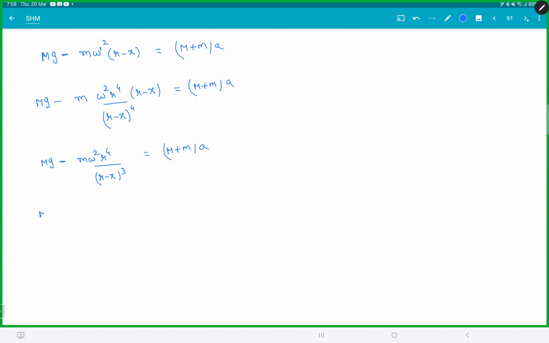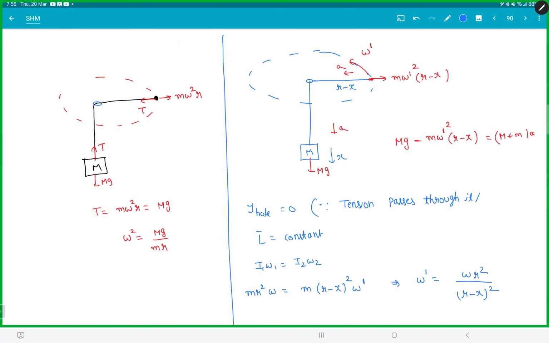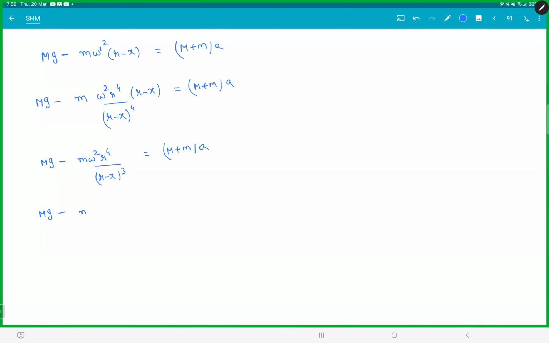Take out r common. Mg minus, and remember this, I already know what is omega square. I'll substitute that, Mg by mr. This will be r power 4. Take out r cube common. This will be 1 minus x by r.